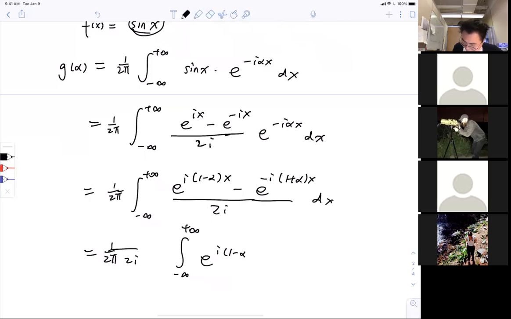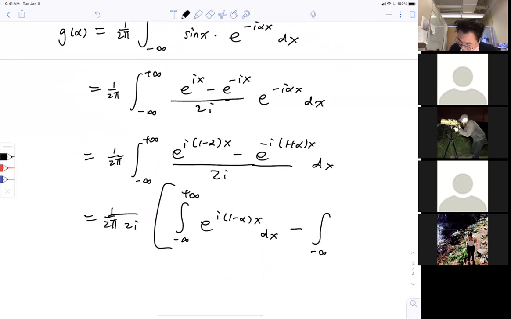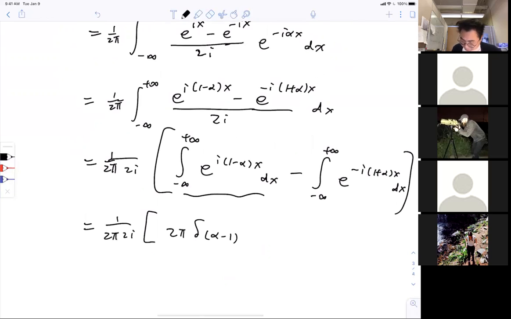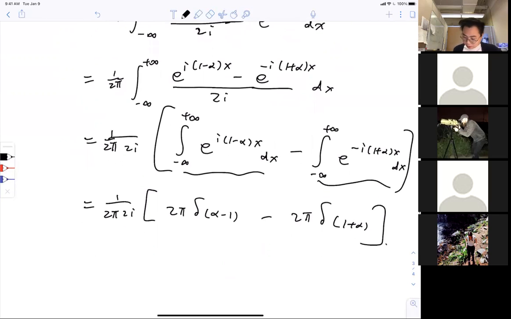Stop me if you get confused. I just keep writing some equations. So what's this? This is nothing but 2 pi delta(alpha minus 1). And this is also nothing but 2 pi delta(1 plus alpha). So this is proportional to delta(alpha minus 1) minus delta(alpha plus 1).